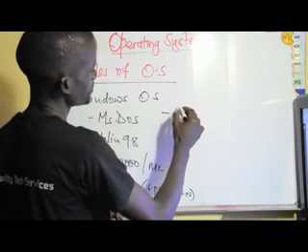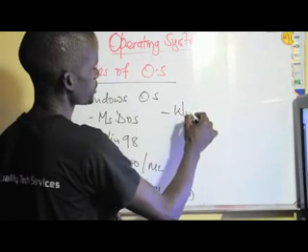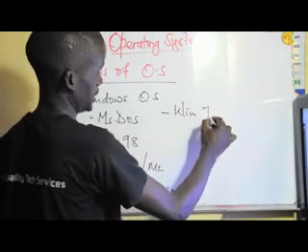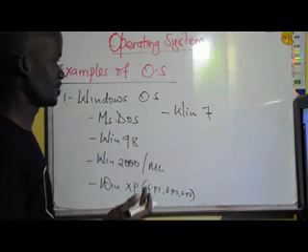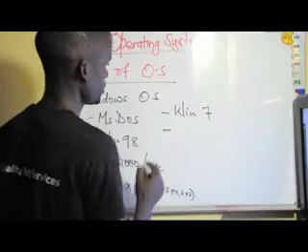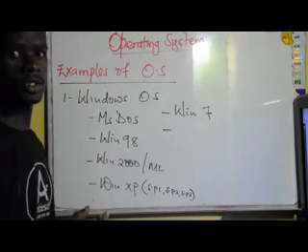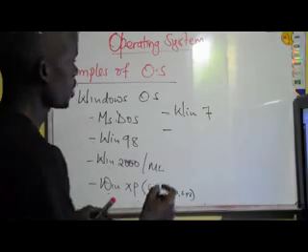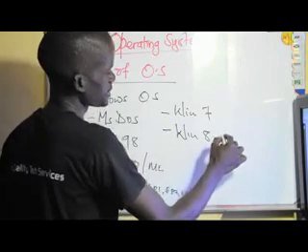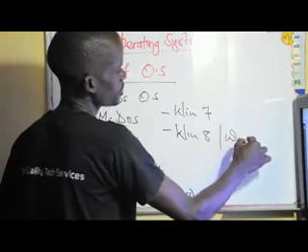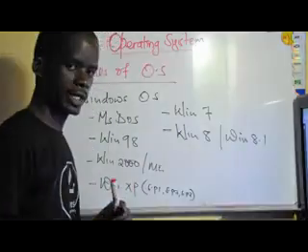We also have Windows 7, which is actually used by most of you. You find that a number of users tend to use the Windows 7 operating system. We have Windows 8 and Windows 8.1.